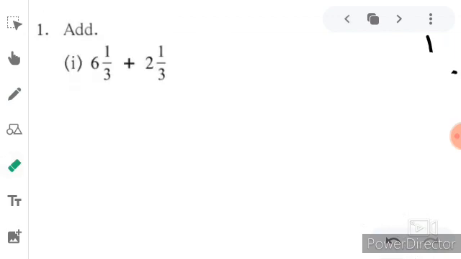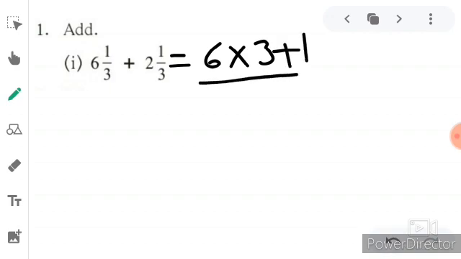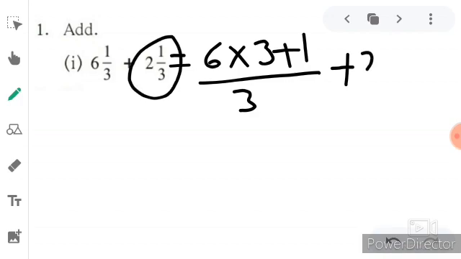Now let's solve the example by the second method. First of all, the first step is to take the first term, this one, 6 whole number multiplied by 3 plus 1 upon 3, then plus the second term, this one, 2 as it is multiplied by 3 plus 1 divided by 3.